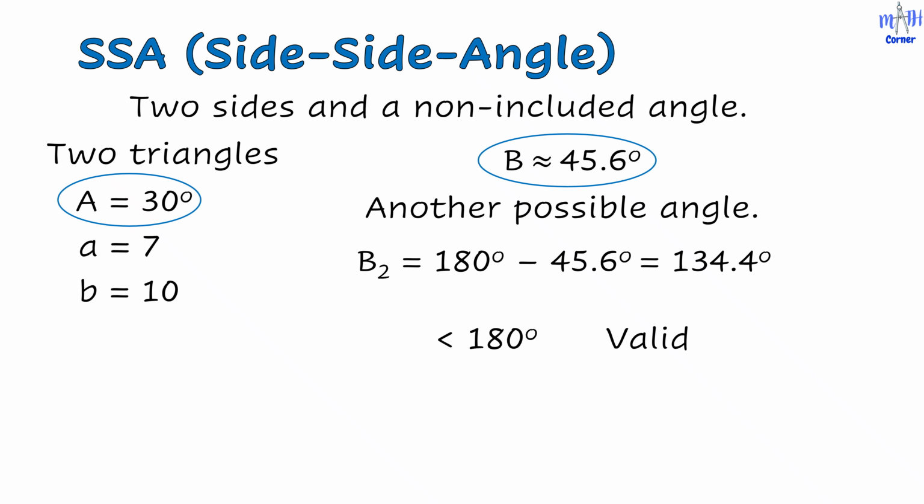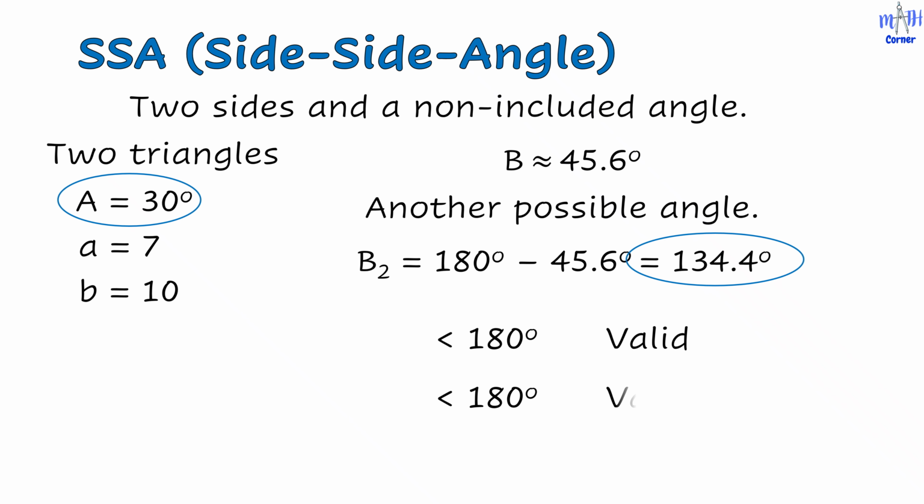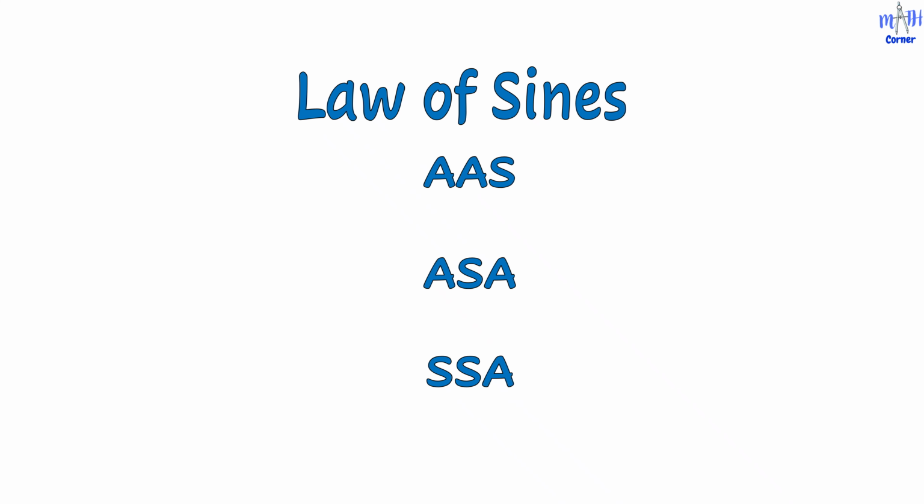So, it is valid. Next, 30 degrees plus 134.4 degrees is less than 180 degrees, so it is also valid. So, two triangles exist. We are done discussing law of sines with ASA, AAS, and SSA, the ambiguous case.